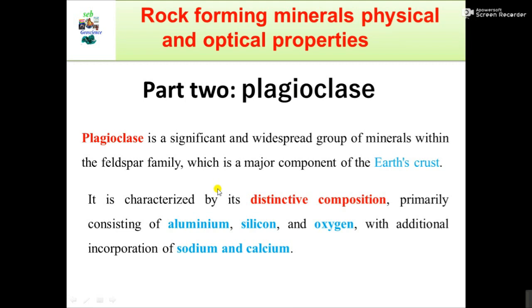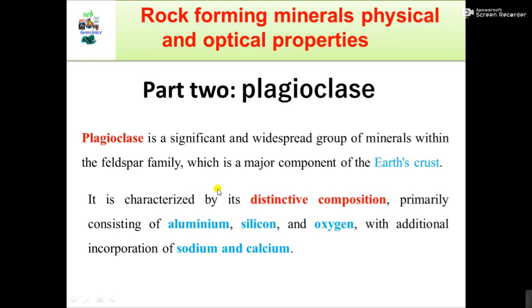So plagioclase is a high temperature crystallized mineral in the continuous series in Bowen's reaction series. In Bowen's reaction series there are two groups, discontinuous and continuous series.